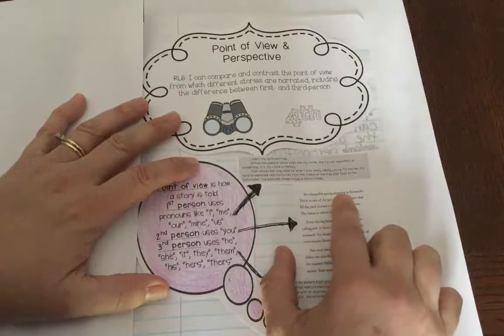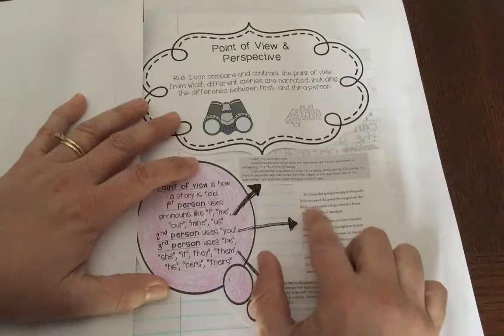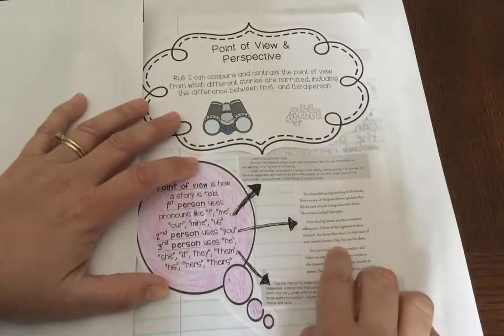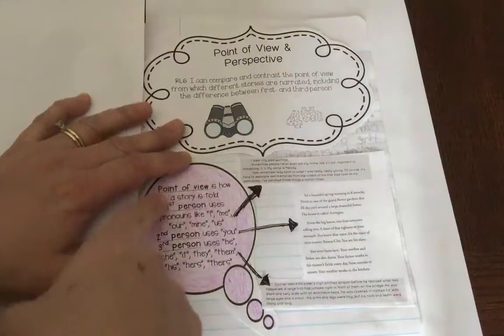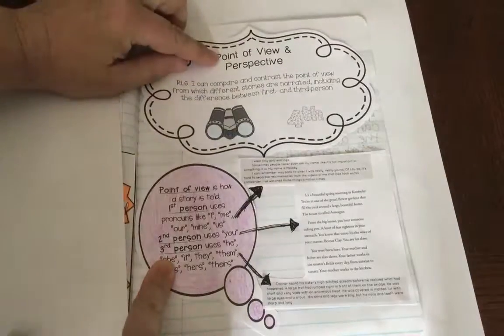It's a beautiful spring morning in Kentucky. You're in one of the grand flower gardens that fill the yard around a large, beautiful home. And so you can see how it's bringing you into the story. So that's telling the difference between especially first and third person point of view.